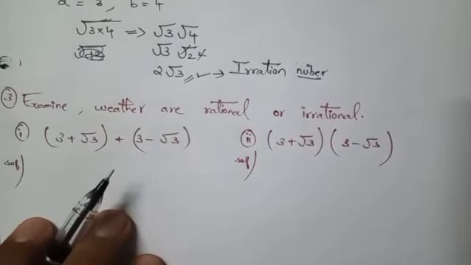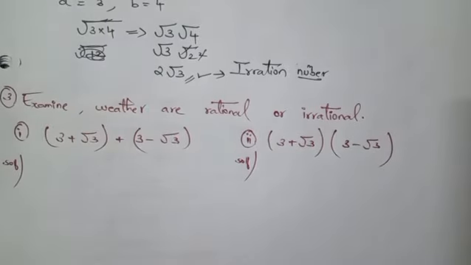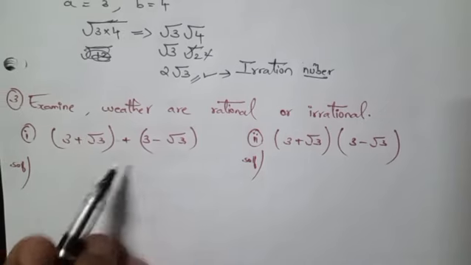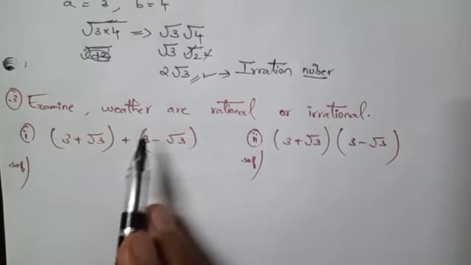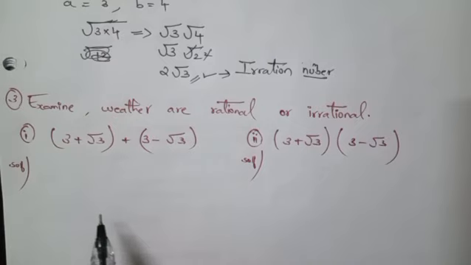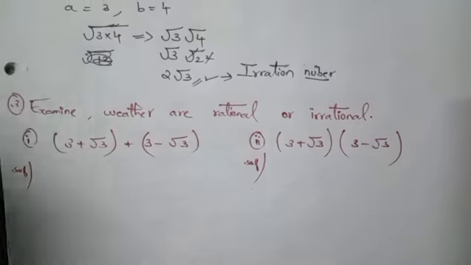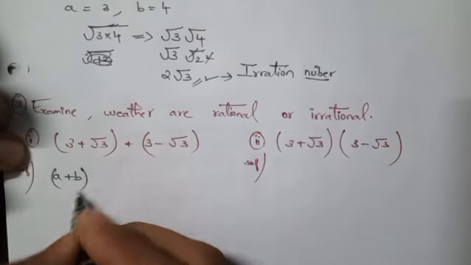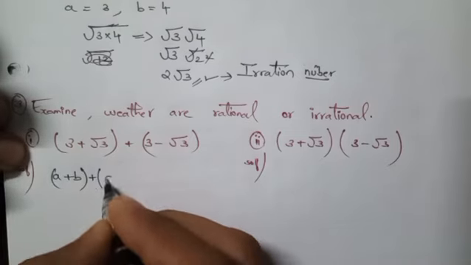Now maybe in 1 mark you will get questions asking whether a number is rational or irrational. You have to solve the expression and the resulting number will be our answer. You have to identify whether that number is a rational or irrational number. Okay, so let's find out. Here you can use one formula: a plus b plus a minus b.